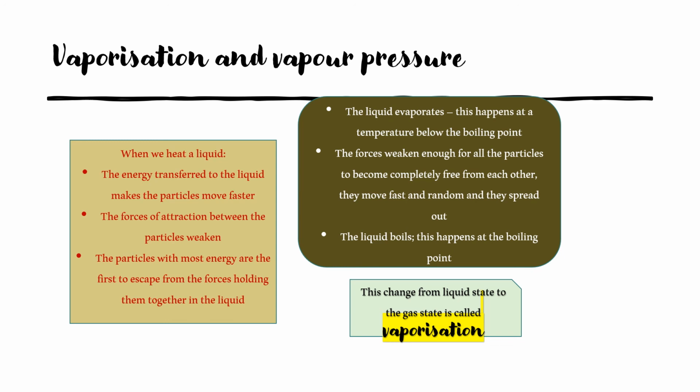This happens at a temperature below the boiling point. Then the forces weaken enough for all the particles to become completely free from each other. They move fast and randomly and they spread out. The liquid boils. This happens at the boiling point. This change from liquid state to gas state is called vaporization.